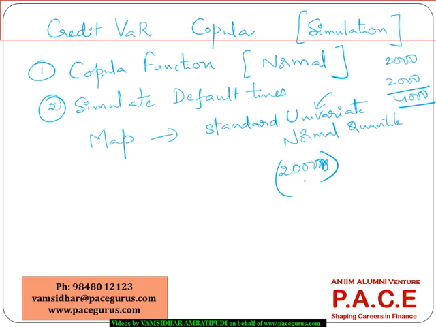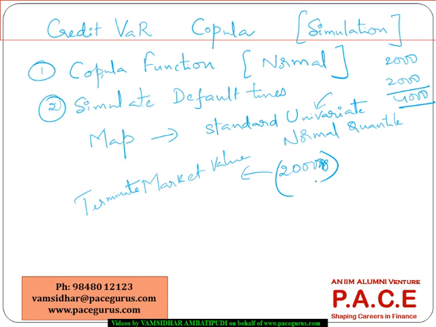Out of these 2000 pairs, the first one I map to the first asset, and the second one I map to the second asset. Based on that, I'll try to obtain the market values. Once I have these values, I can get the terminal market values, otherwise called terminal values, for each of these pairs.